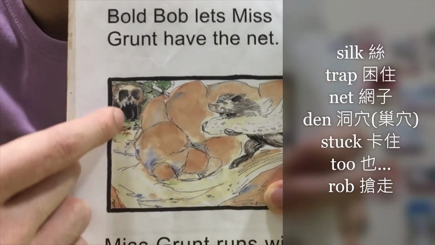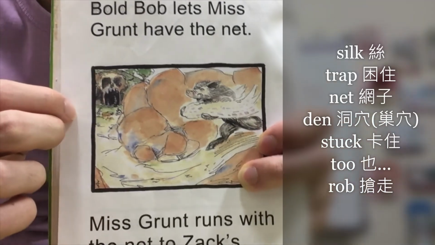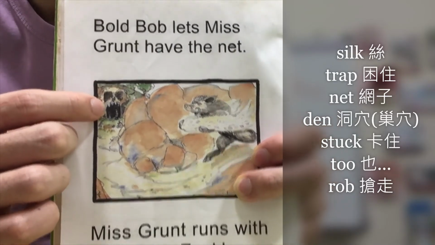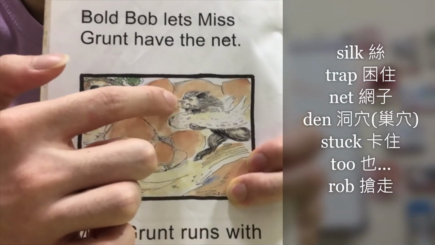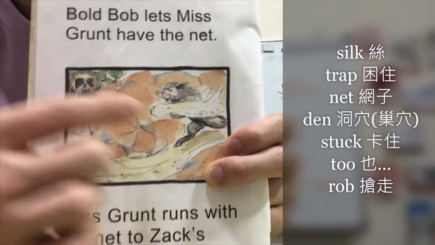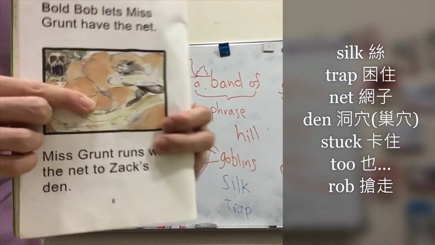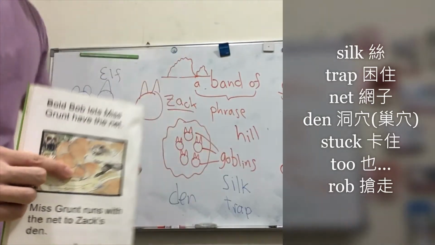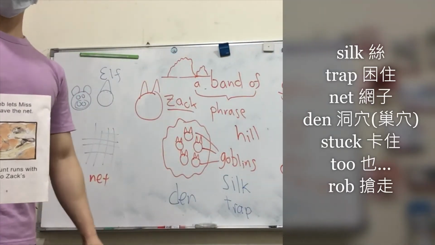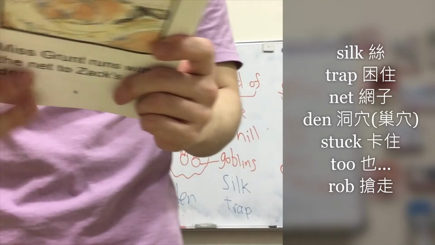In the den, Zack and his goblins live there. So Miss Grunt, the pig, is trying to use the net to capture the goblins.